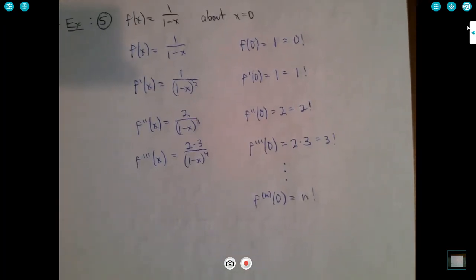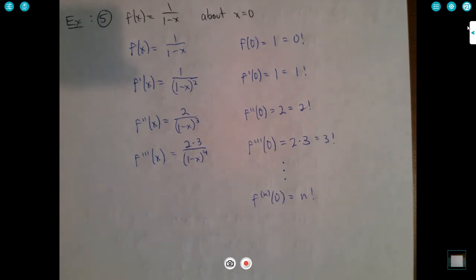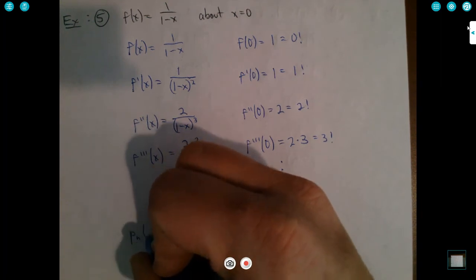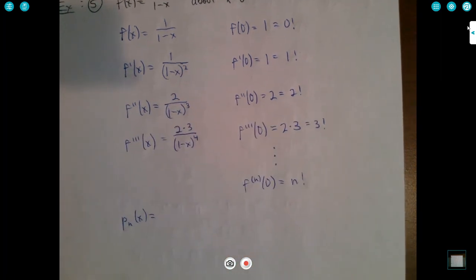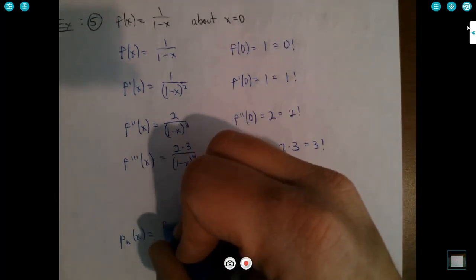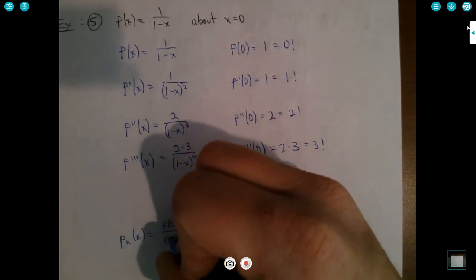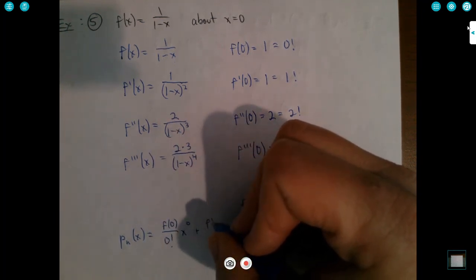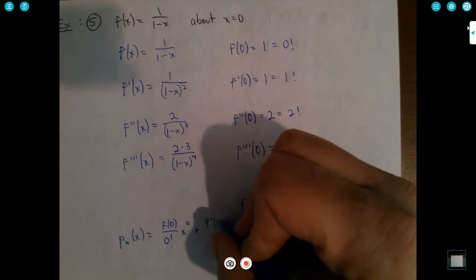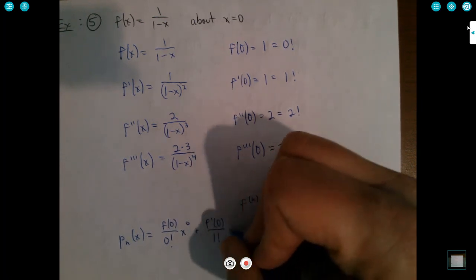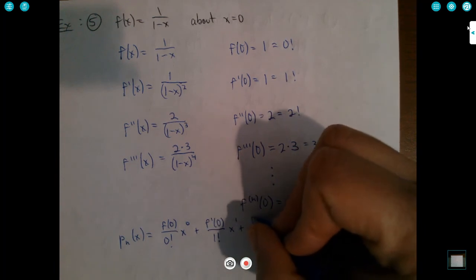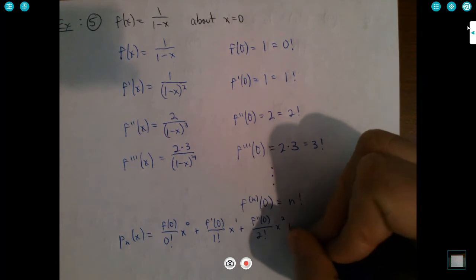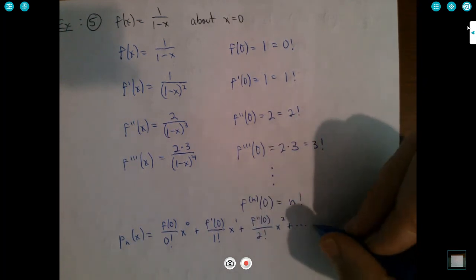That's very interesting, because watch what happens now, right? So if I think of the nth polynomial, it's going to be f of 0 over 0 factorial times x to the 0 plus f prime of 0 over 1 factorial times x to the first plus f double prime of 0 over 2 factorial times x squared, and so forth, until I get to n.